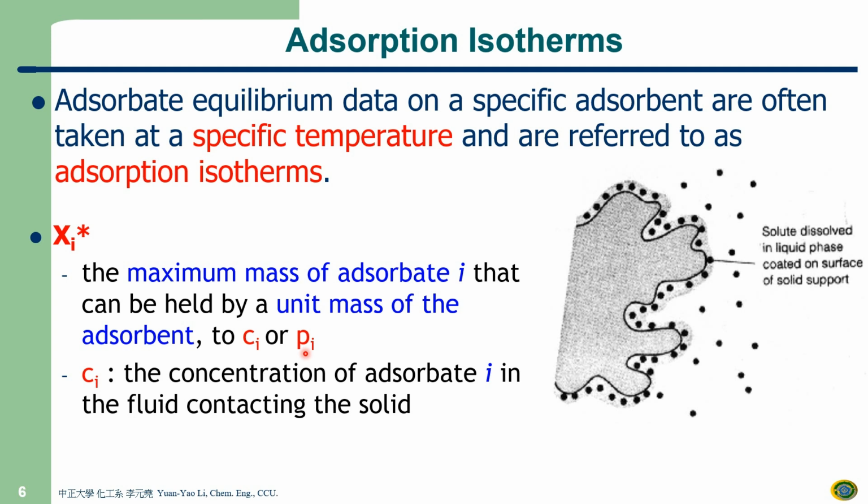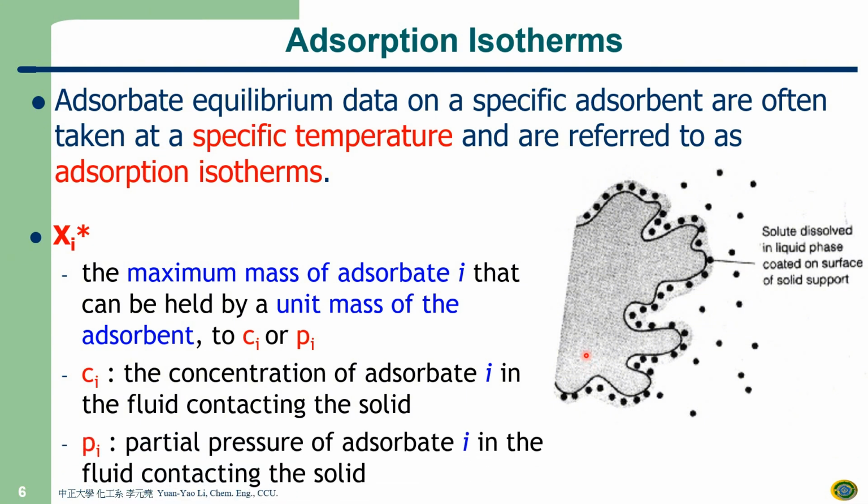So Ci is the concentration of adsorbate i in the fluid contacting the solid. Pi is the partial pressure. Pressure represents the amount of concentration in the gas phase. So the partial pressure of the adsorbate i in the fluid contacting the solid. Okay?